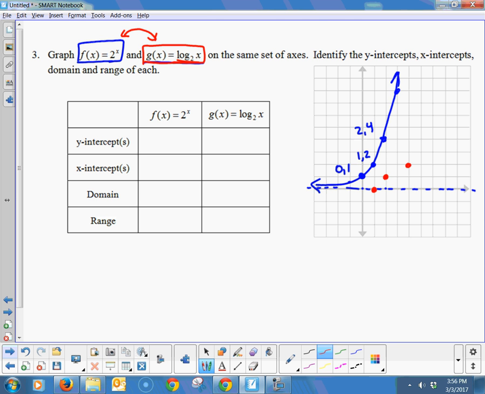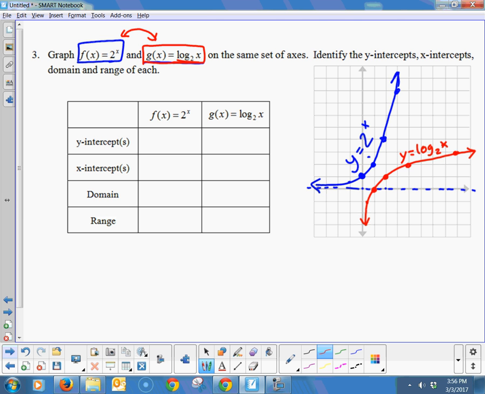So is 8, 3. And so is a half, negative 1. And so this function here shows me log base 2 of x. And this one up here shows me y equals 2 to the x. So I can say y equals there.